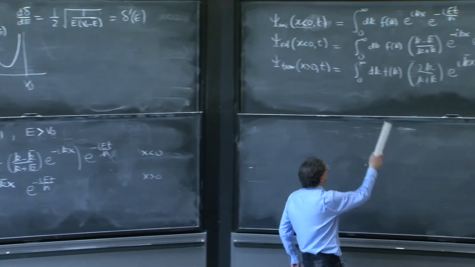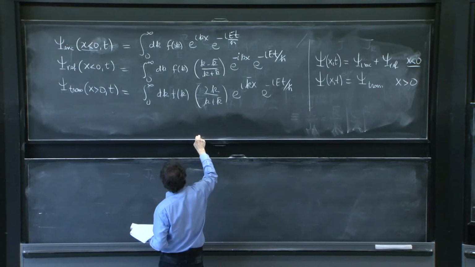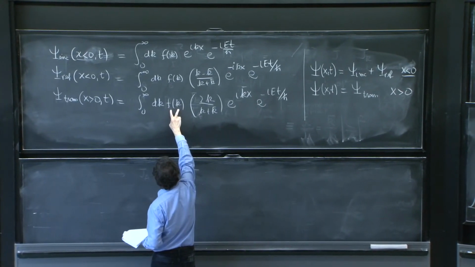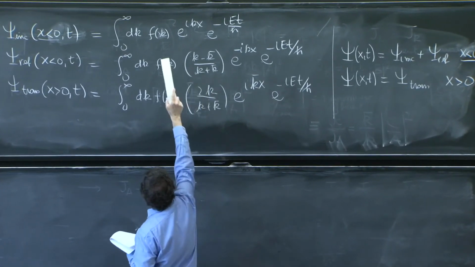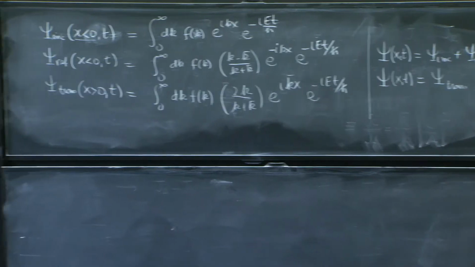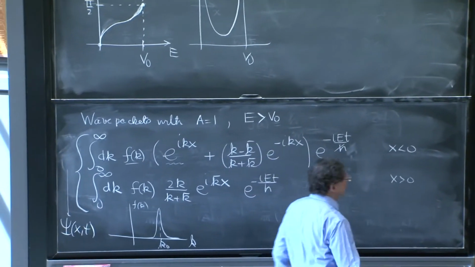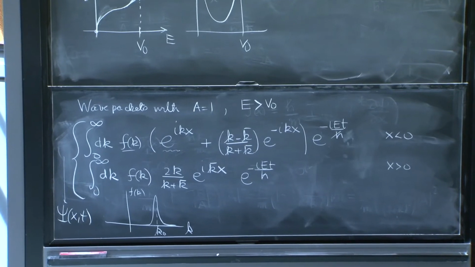Of course, you see, if f of k is very narrow, you pretty much could evaluate these functions at the value of k naught, and get a rather accurate interpretation of the answer.